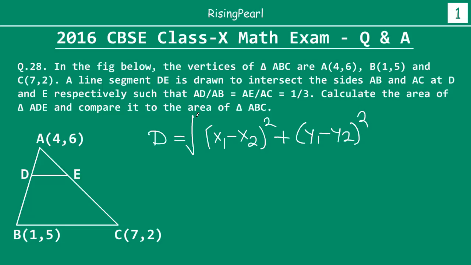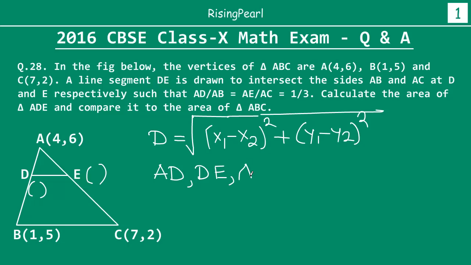If we know the three vertices of triangle ADE and their coordinates, and the same is true for ABC as well, applying the distance formula we can find AD, DE and AE.